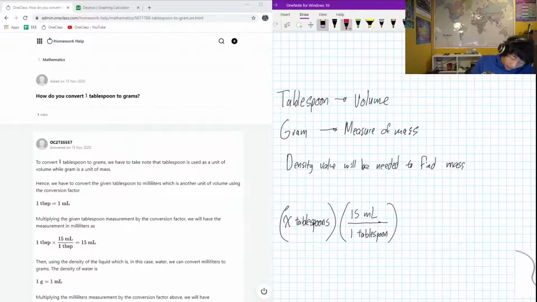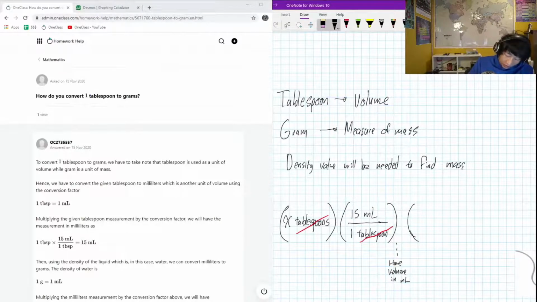So hopefully, as you can see, we have tablespoon on the top and bottom of the fraction here, and they will cancel each other because anything divided by itself is 1, and you can pretty much treat this like a unit. So at this point we have volume in milliliters. To get the mass in grams, we need to multiply it by the density.